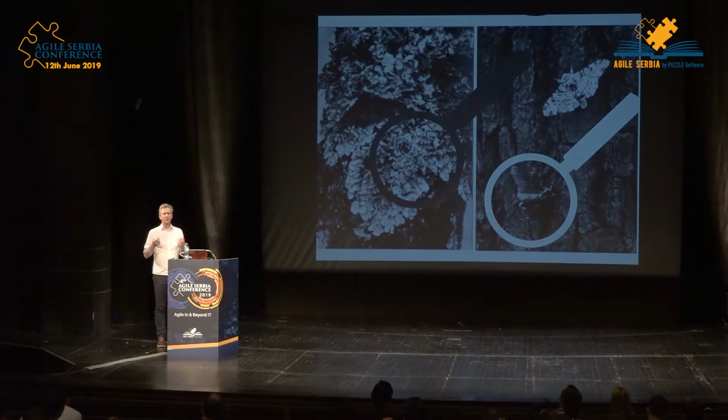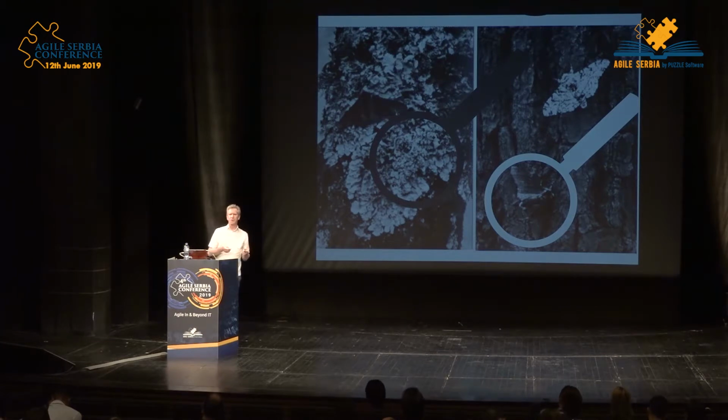The point is that we can see clearly the moth that's in contrast to its background, but we can't see anything that's the same color as its background. If you don't have any contrast against the thing you're viewing in plain sight, you're not going to be able to see it because it just blends into the background.